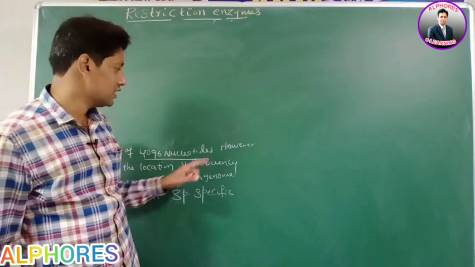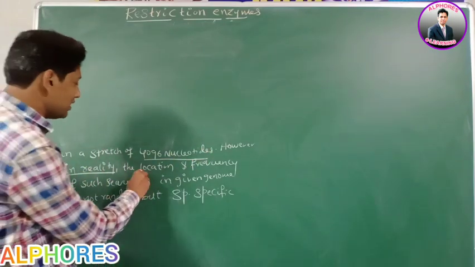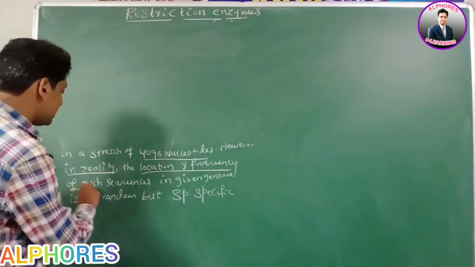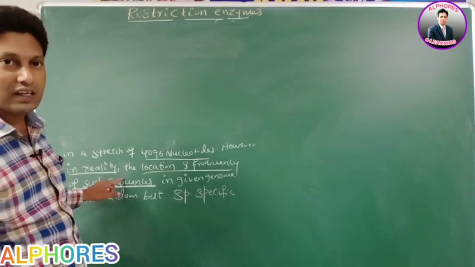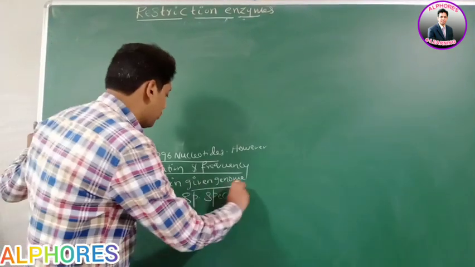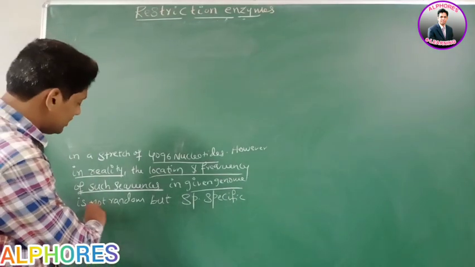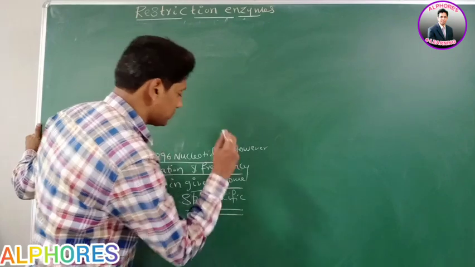However, in reality, the location and frequency of such sequences, GAATTC, in a given genome, is it random? It's not random, but it is species specific.